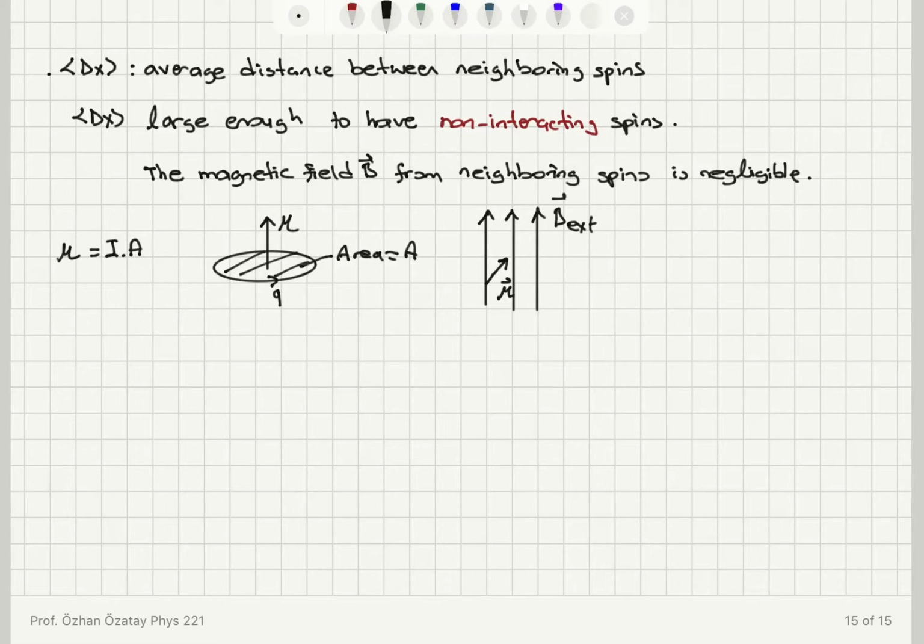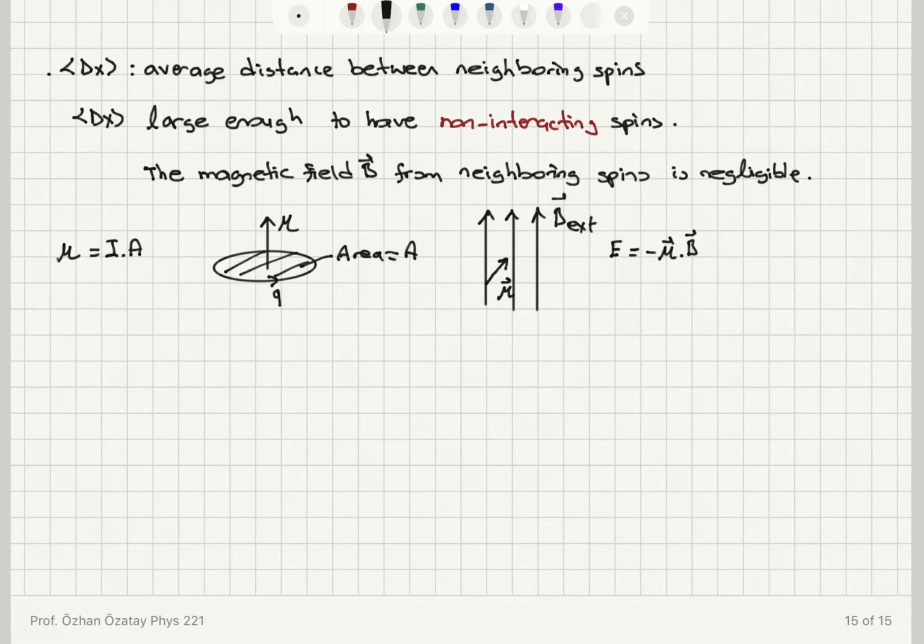Its magnetostatic energy inside this magnetic field is minus mu dot product with the external magnetic field B, minus mu dot B. So the energy of the system will be minimized when the magnetic moment aligns completely with the magnetic field, right? Okay, so because you have a circulating current that creates a magnetic field around it.